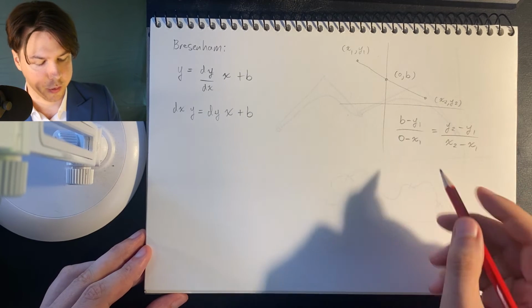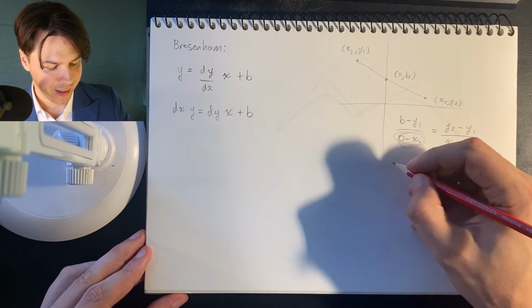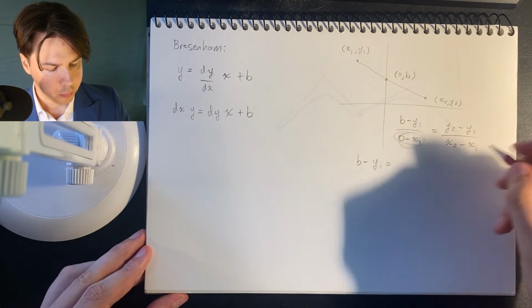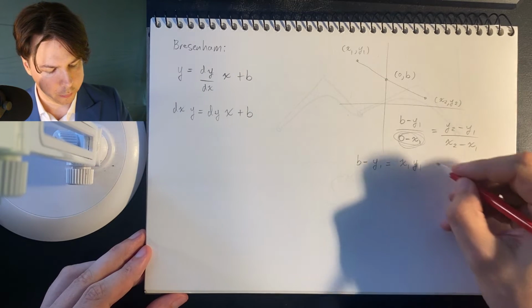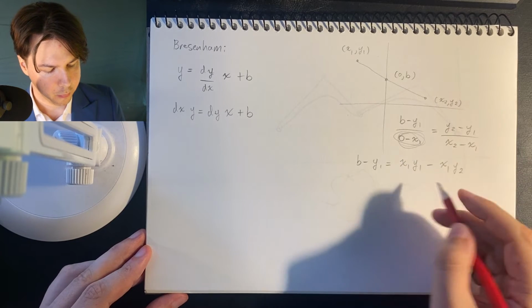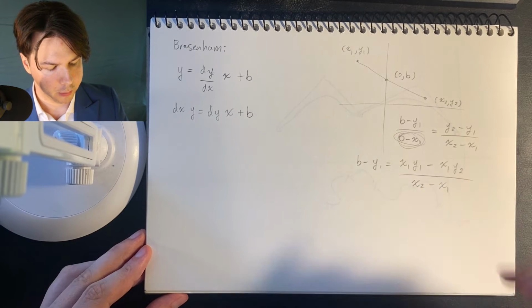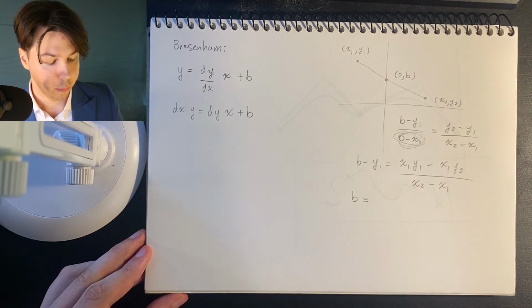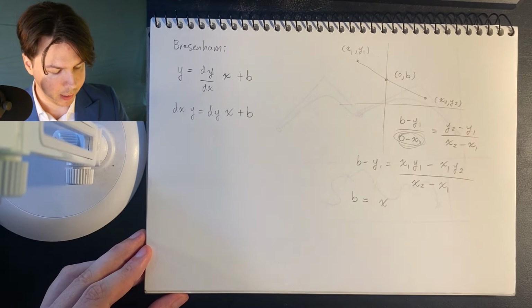Okay, good. So let's just multiply. Actually, I changed my mind. Multiply both sides by negative x1, and then we get b minus y1 equals x1 y1 minus x1 y2 over x2 minus x1. Then add y1 to both sides. So then we'll get this under a common denominator by multiplying the top and bottom by x2 minus x1.